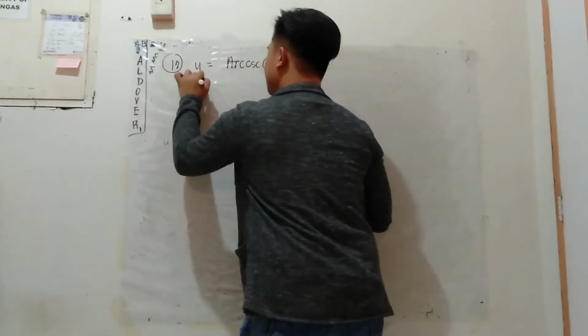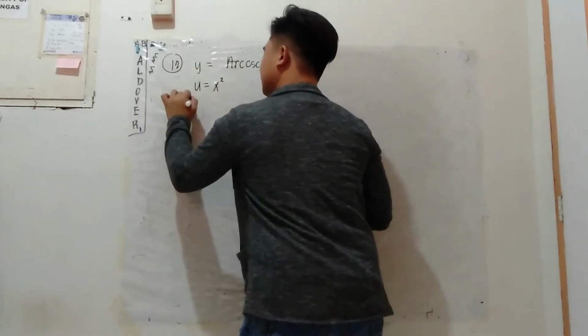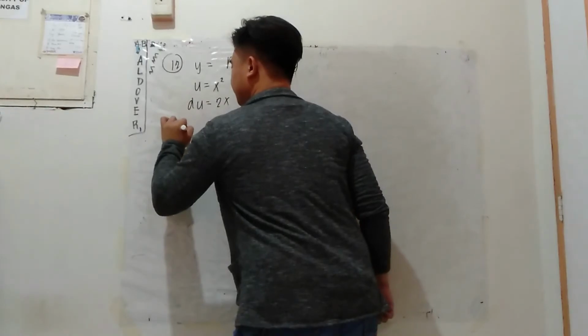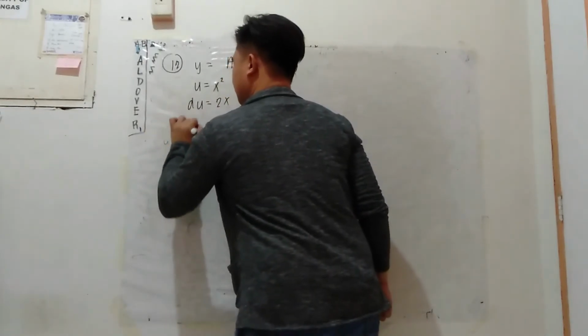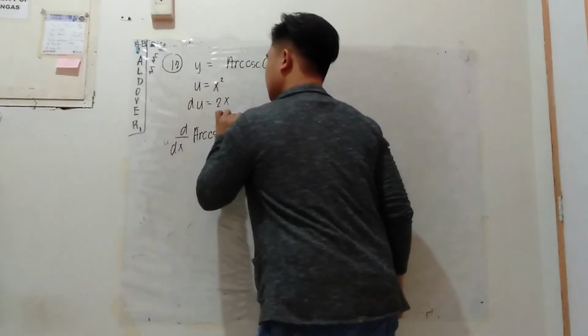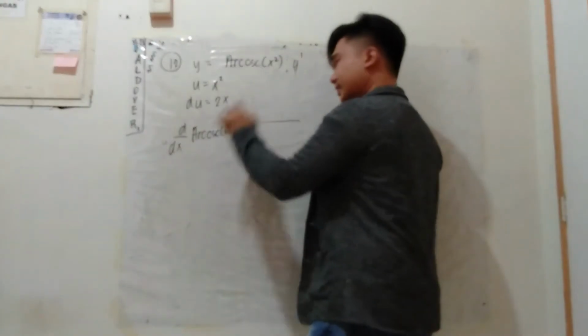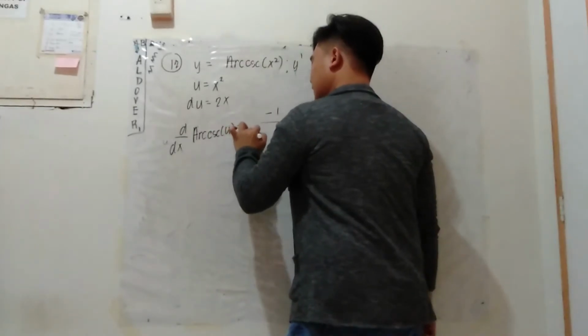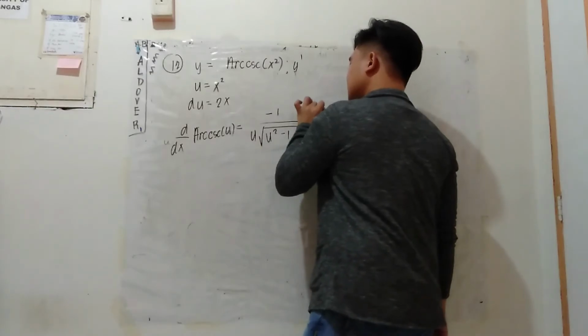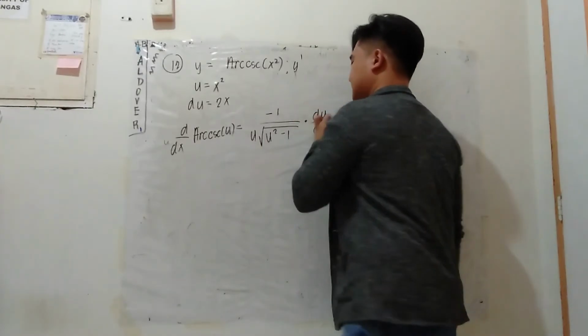So, u is equal to x squared. du is equal to 2x. So, the derivative of arc cosecant of u is equal to negative 1 all over u square root of u squared minus 1 times du over dx.